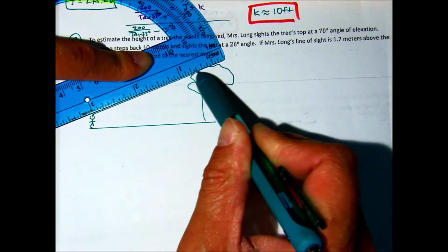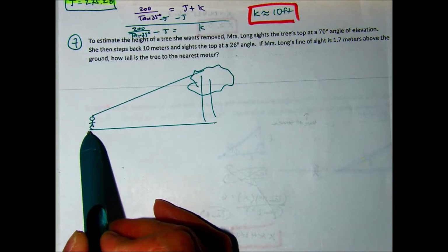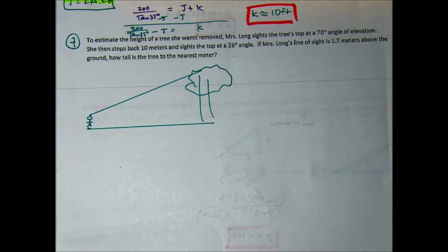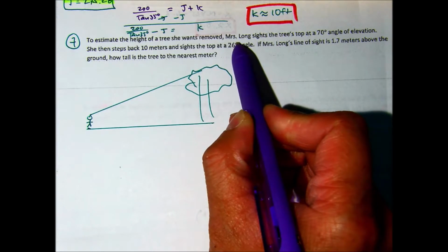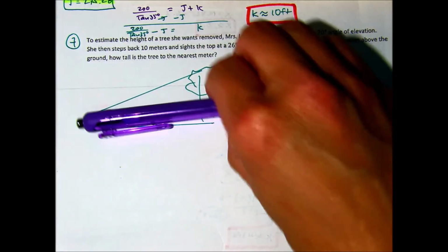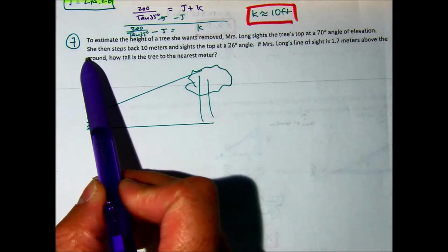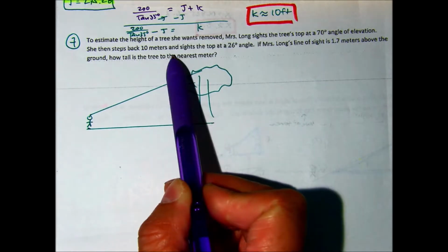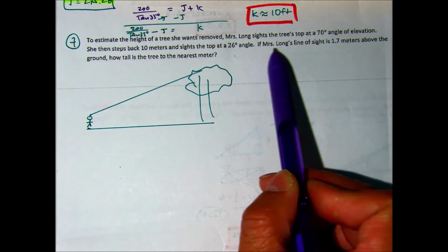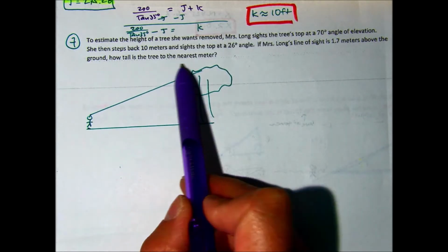Now you might be asking, how come I didn't draw the triangle from her feet? And I am accounting for this. Mrs. Long cites the tree at the top with a 70-degree angle of elevation. So it's going up, but again, I'm not drawing 70 degrees here. Wait till I finish reading. She then steps back 10 meters and cites the top of it at now 26 degrees. If Mrs. Long's line of sight is 1.7 meters above the ground, how tall is the tree in meters?